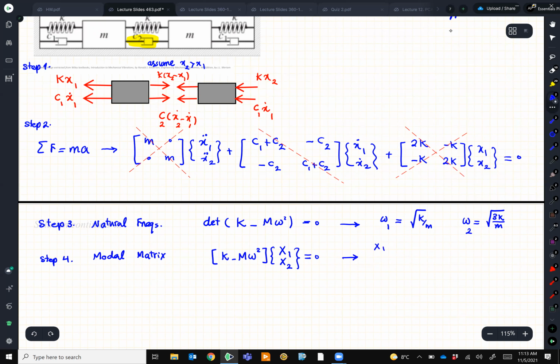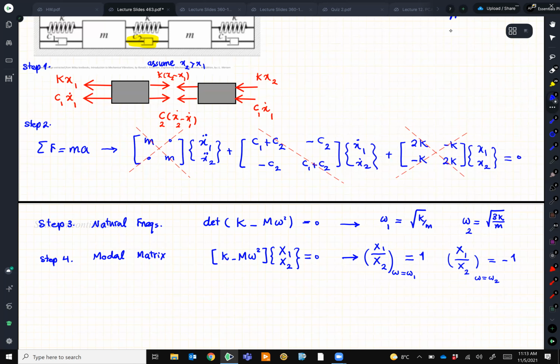The ratio of x1 to x2 when omega is equal to omega 1 gives me 1. And x1 divided by x2 when omega is equal to omega 2 gives me minus 1. Later, please go home and check my calculation, make sure that I didn't make any mistake, and these numbers are correct.